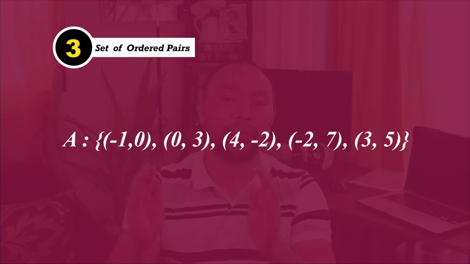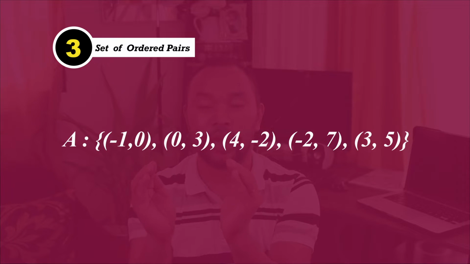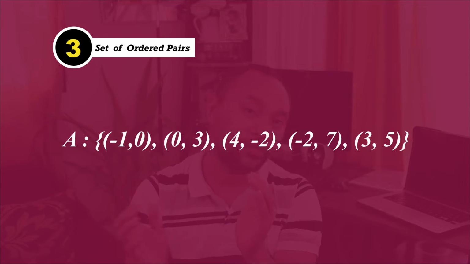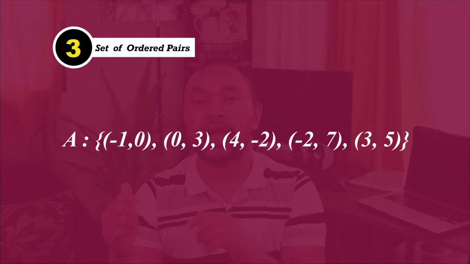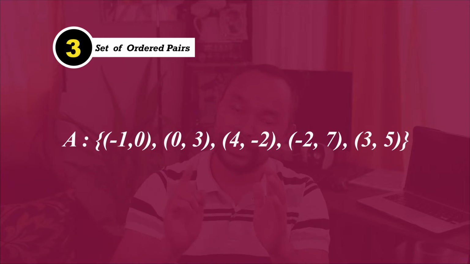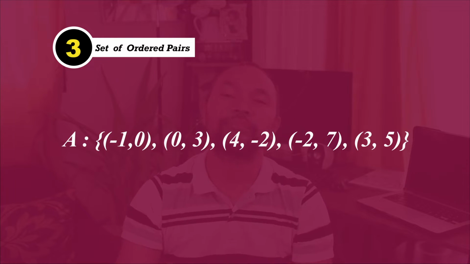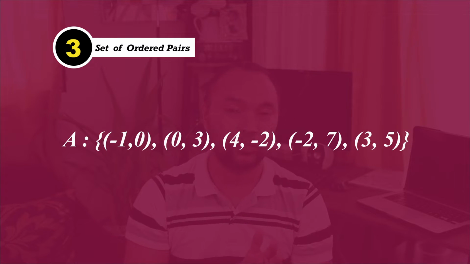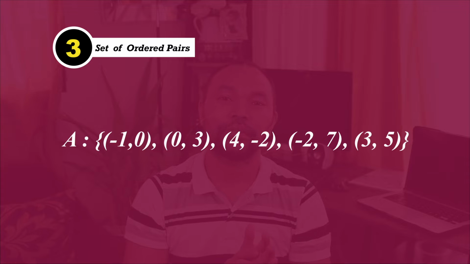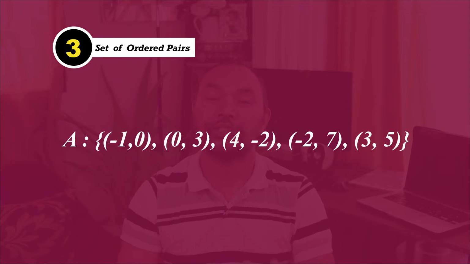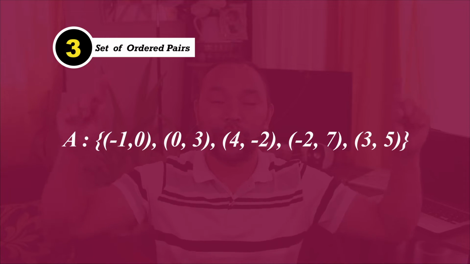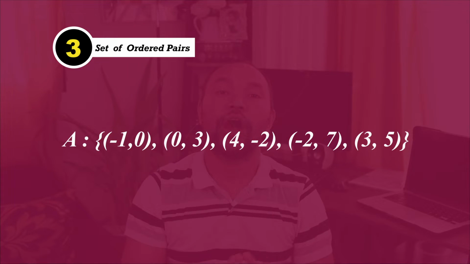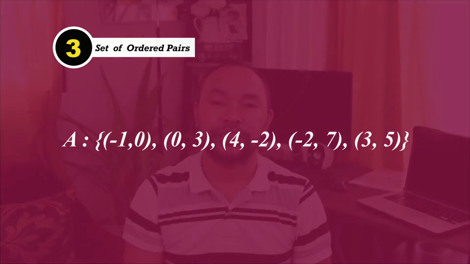We know that an ordered pair is just a pair of x and y values, where the first number that appears is an x value and the second value that appears is the y value. This collection of x and y values is enclosed inside a pair of curly braces.